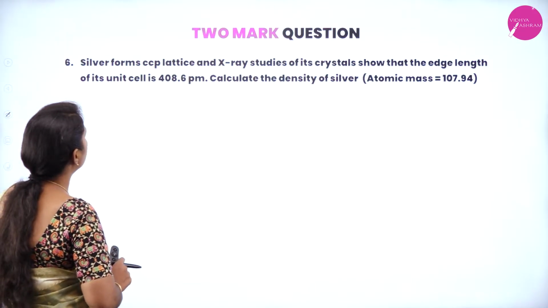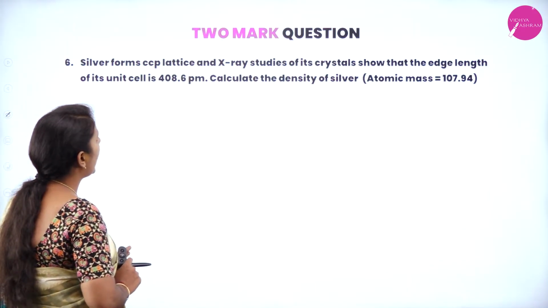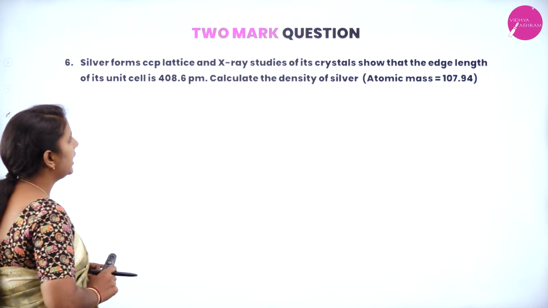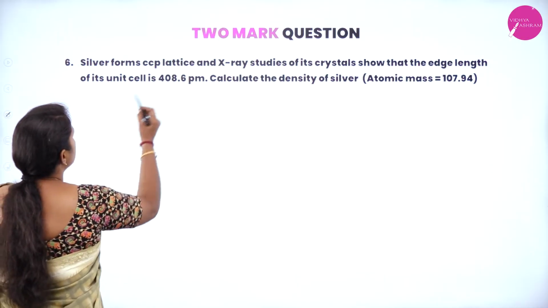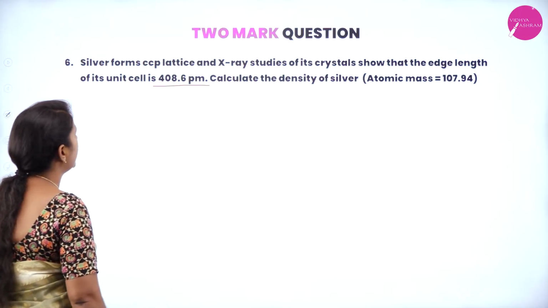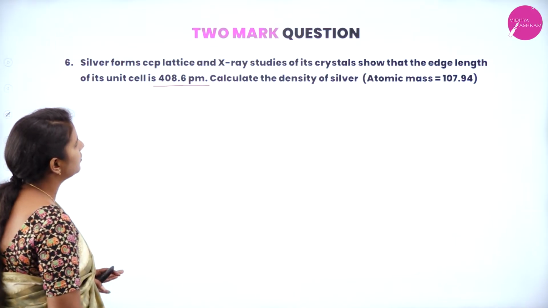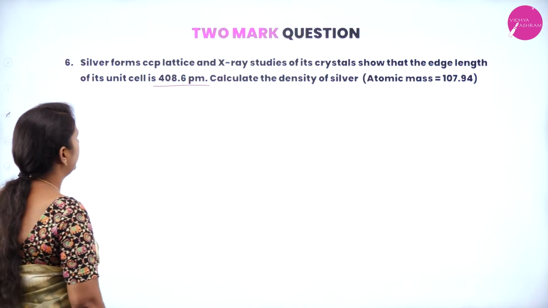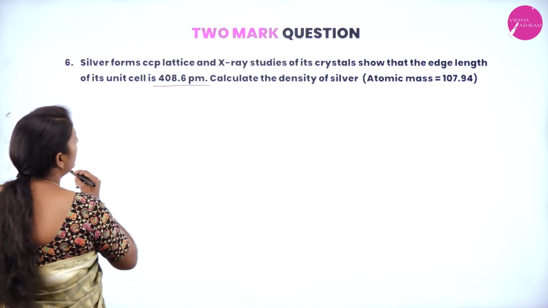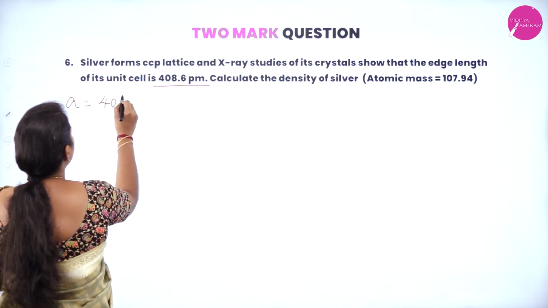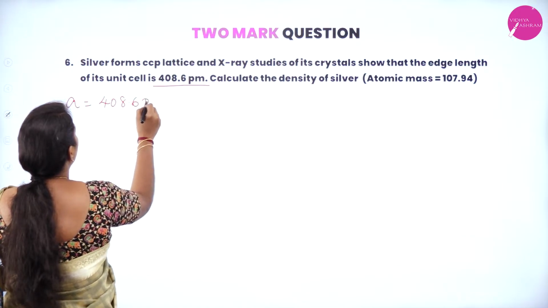Silver forms a CCP lattice and X-ray studies of its crystals show that the edge length of the unit cell is 408.6 picometer. Calculate the density of silver. Again here, they have given the value of A, that is 408.6 picometer.